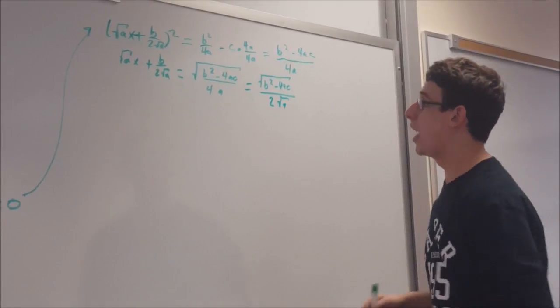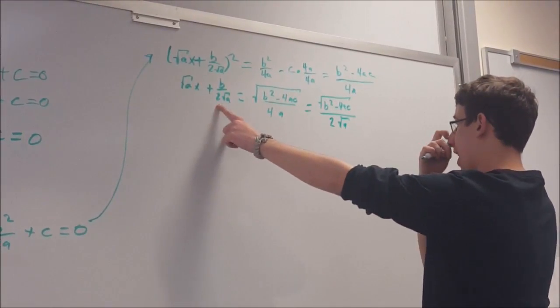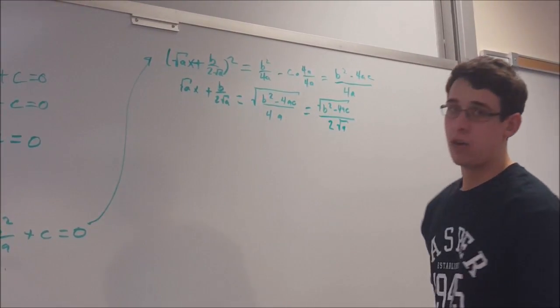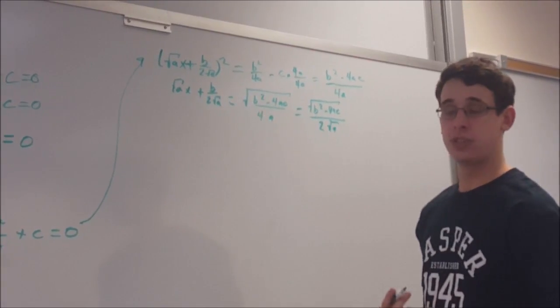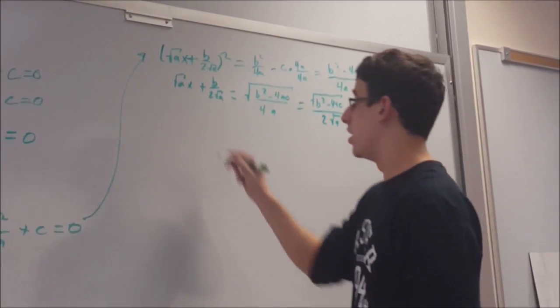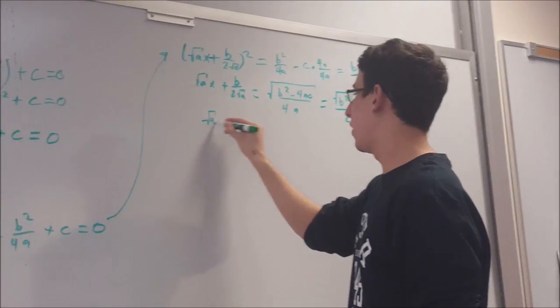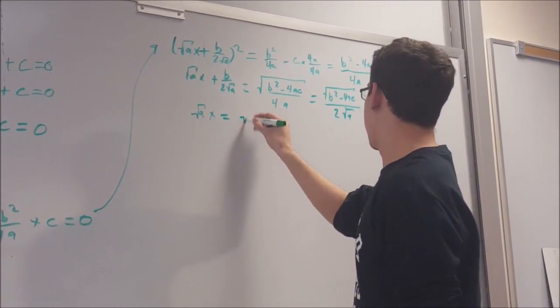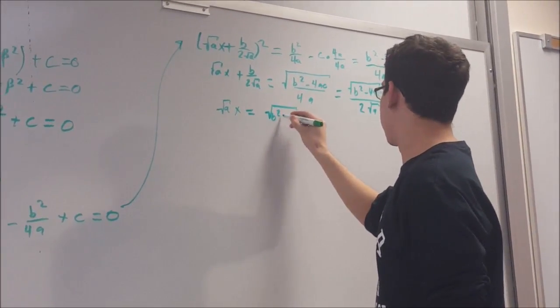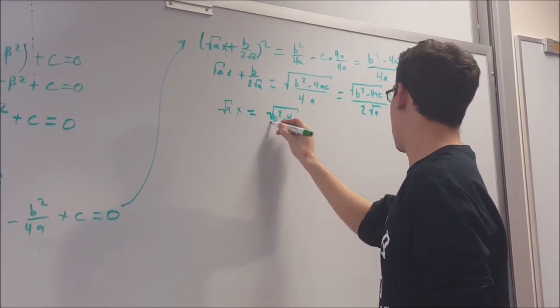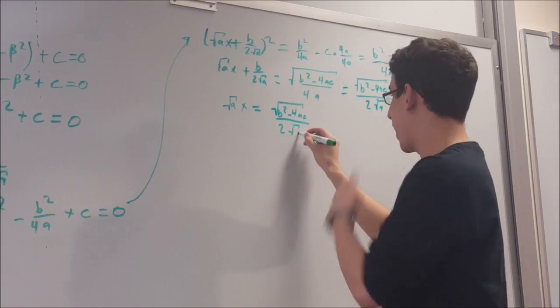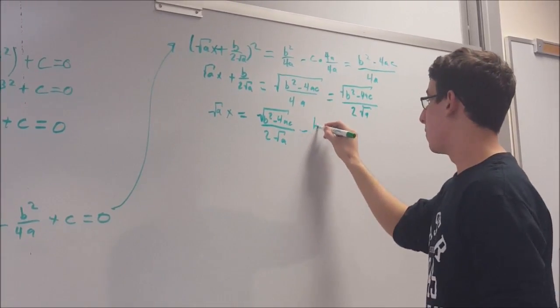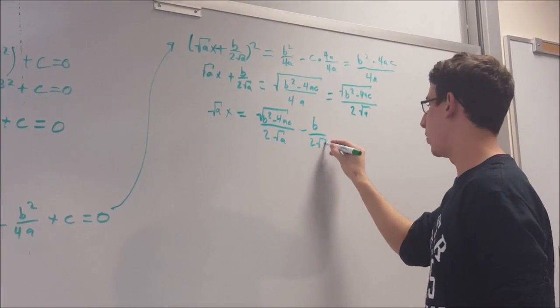So now we can look at these two, and we can subtract b over 2 square root a from both sides. What that'll give us is the square root of ax is equal to square root b squared minus 4ac over 2 square root a, minus b over 2 square root a.